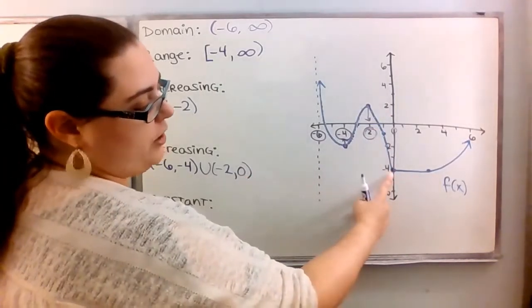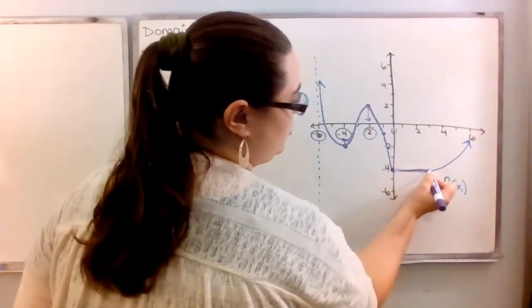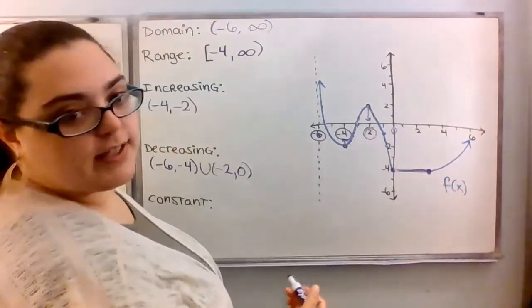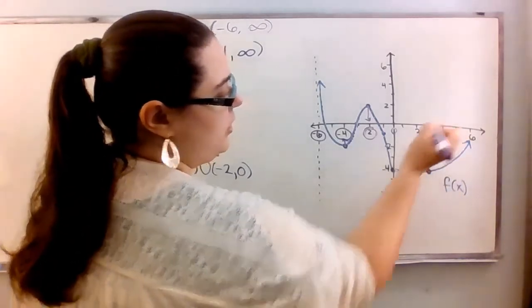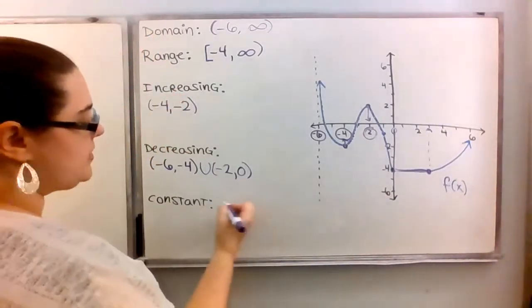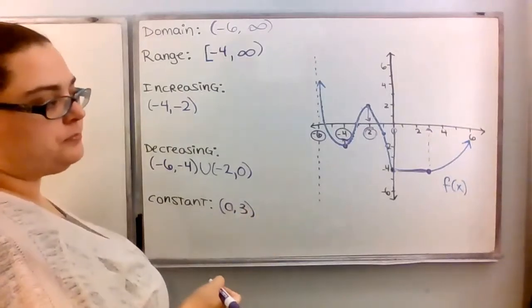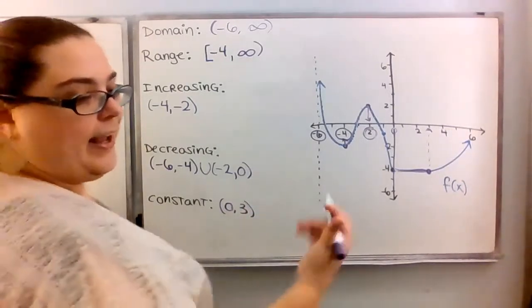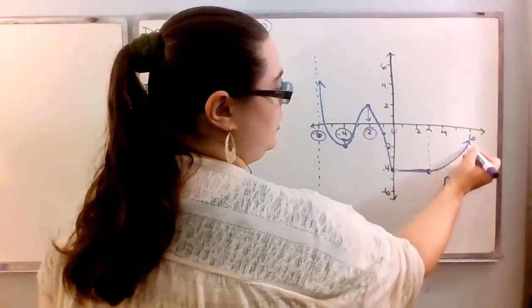Now when I'm at 0, now I'm a flat function and I'm walking on level ground until I get to this point here. So I'm walking on level ground until an x point of 3. So I'm going to be constant on the interval from 0 until 3. And then after 3, now I start climbing uphill again.